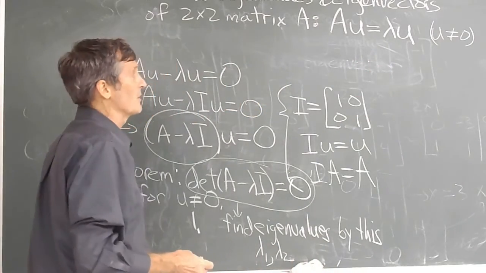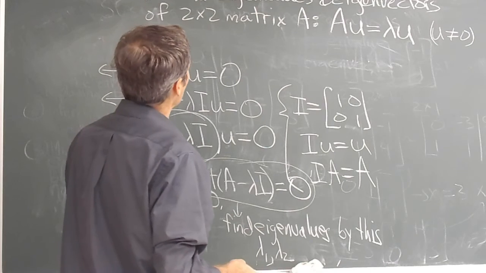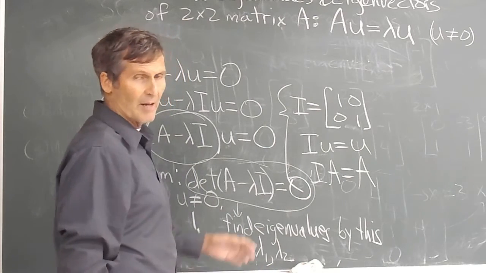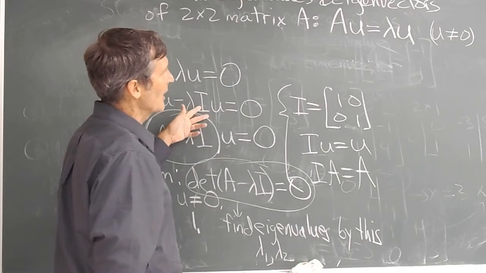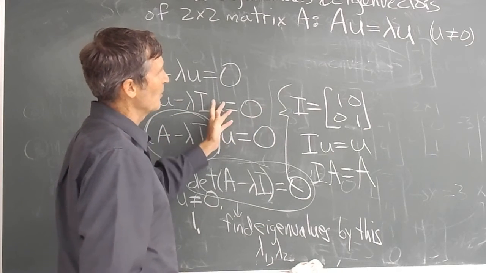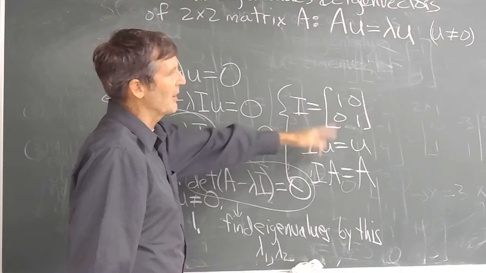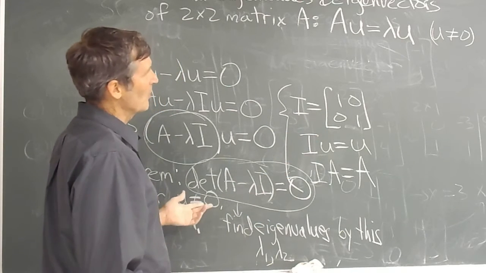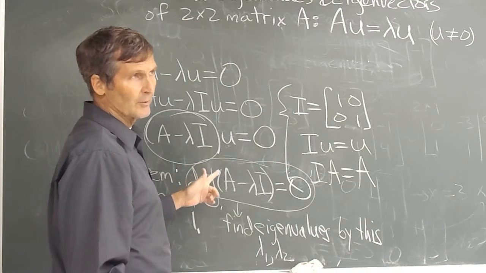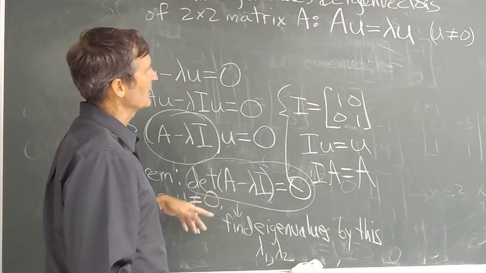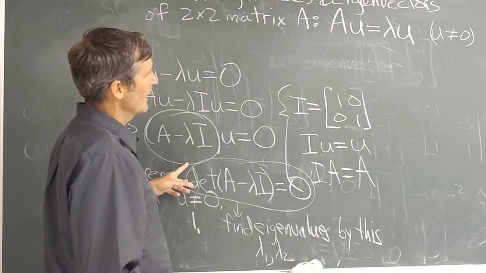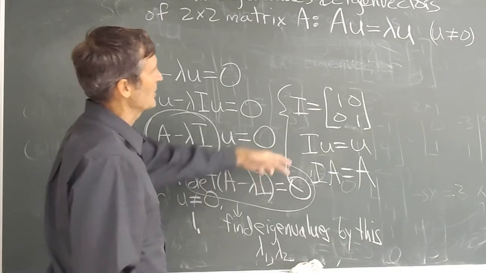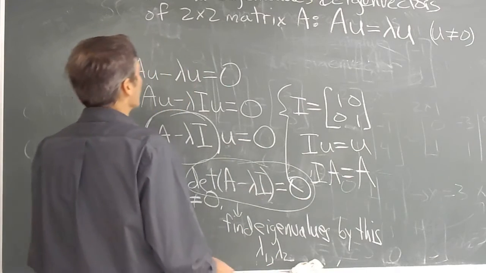So they come in pairs, an eigenvalue with an eigenvector. Just like that last example, the vector 1, 1 was an eigenvector with eigenvalue 1, because when you multiply the matrix times the eigenvector, you got 1 times the vector. The other one, the vector 1, minus 1, was an eigenvector with eigenvalue 3, because when you multiplied A by 1, minus 1, you got 3 times the original vector.